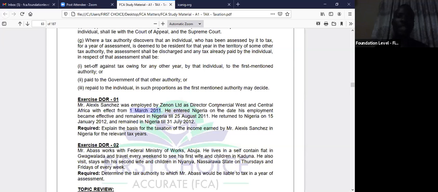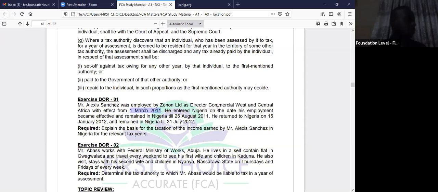So from July 17, he became a resident and is charged to tax. So all that he has earned from January to July starts being taxed. Assuming he left before July 17, let's say he left July 16, he will not be charged to tax.